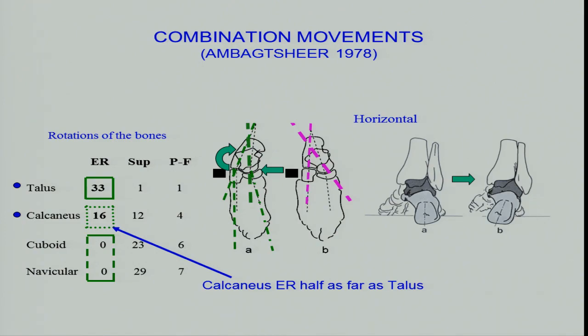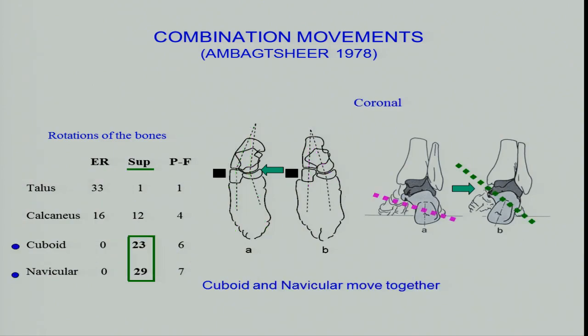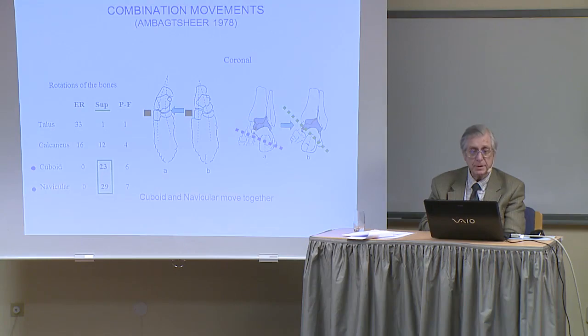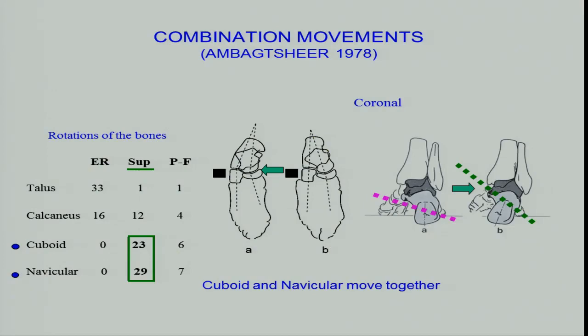Calcaneus, external rotation, half as far as talus. The cuboid and the navicular had supinated through quite a considerable degree, between 23 and 29 degrees. The calcaneus, only 12 degrees. So here again he was showing, way back in 1978, that the midfoot rotated twice as far as the calcaneus.